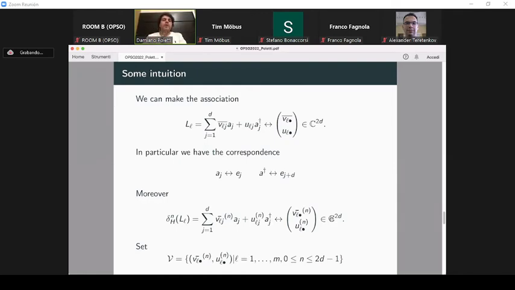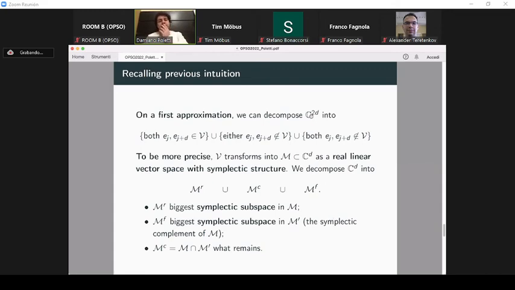Now, how can we transform the commutation requirement to compute the decoherence-free subalgebra? This is done in loose terms. I would just try to convey the idea instead of looking exactly at the proof. We can now decompose C^{2d} into three spaces.